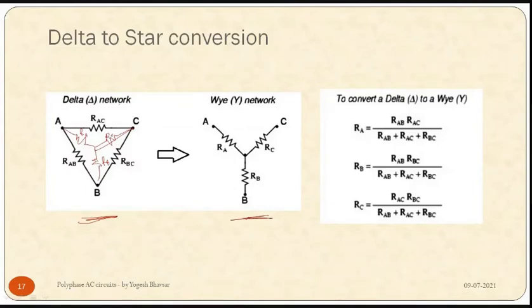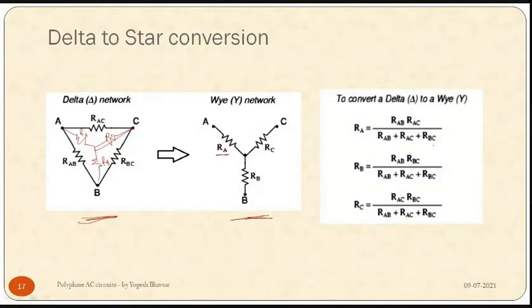Now when we want to convert delta into star, you can just use these formulas. We need to calculate the value of RA, that is equal to RAB into RAC divided by the addition of all resistances, RAB plus RAC plus RBC. Now how to remember these formulas?